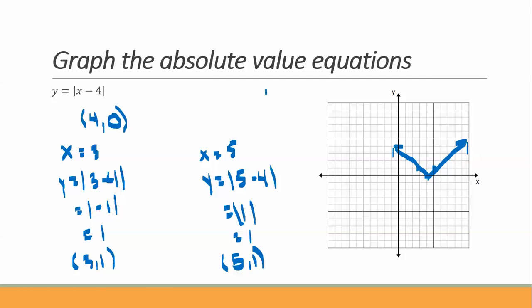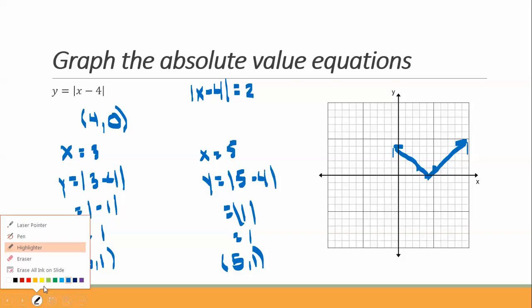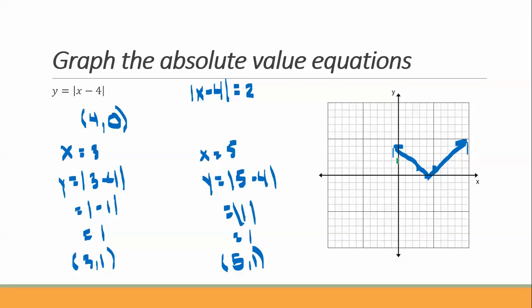Notice, thinking about it, if we have the absolute value of x minus 4 equals, say, 2, our y equals 2 line is right here.